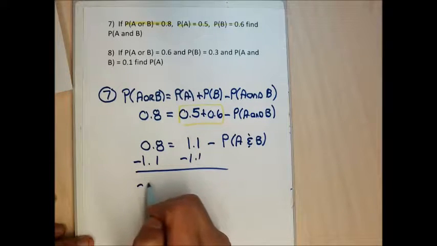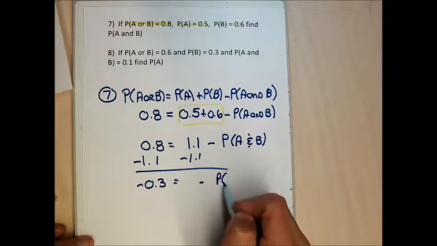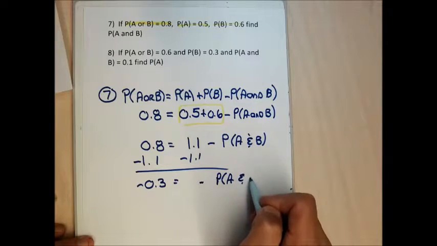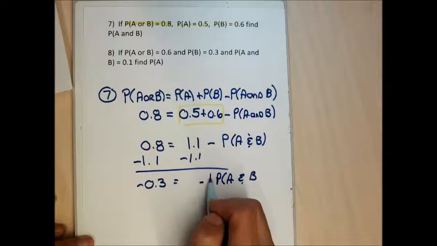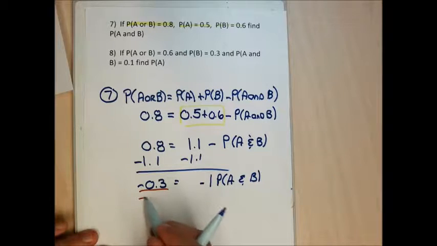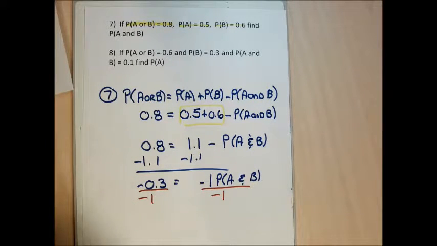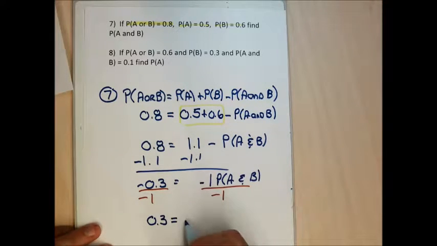This gives me negative 0.3 equals negative probability of A and B. That negative is really a negative 1 times the probability of A and B. And to get the probability of A and B solved for, I need to divide by negative 1 on both sides. On the left side, when I do the dividing, the two negatives come out to be a positive. And on the right-hand side, the two negatives cancel and I get a positive.